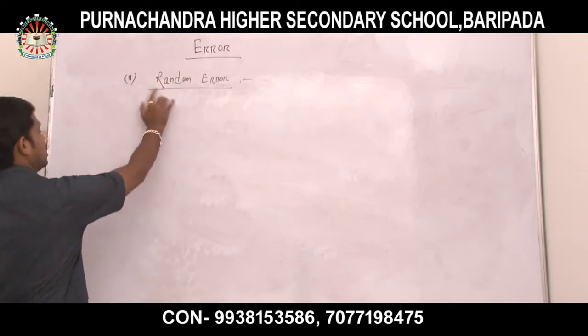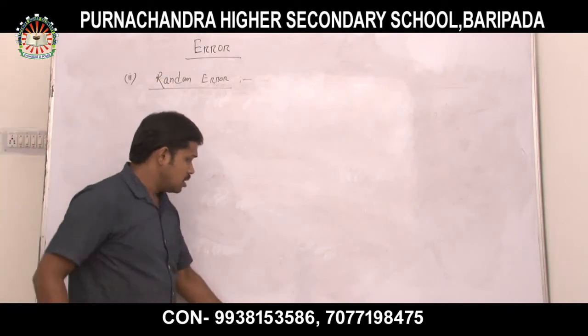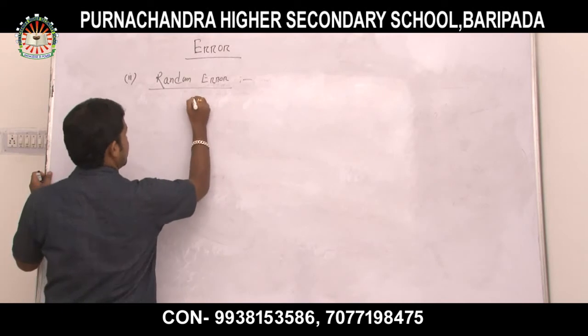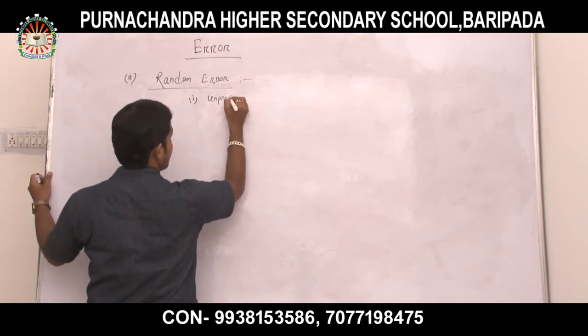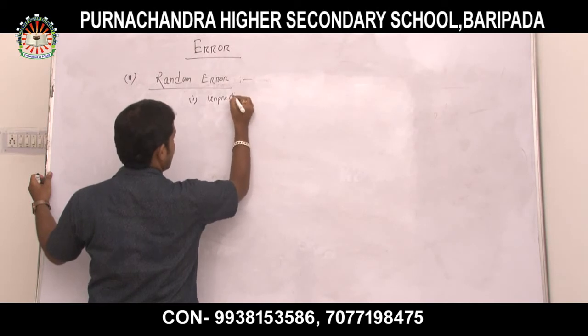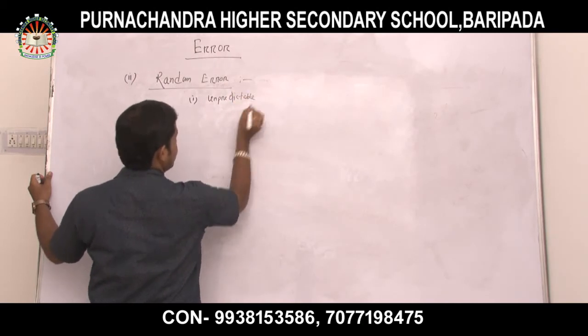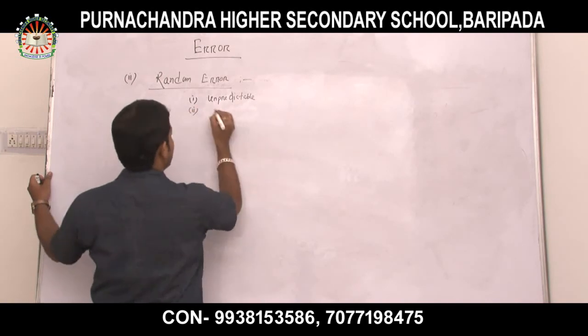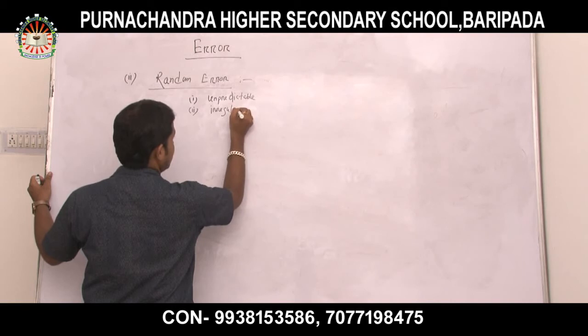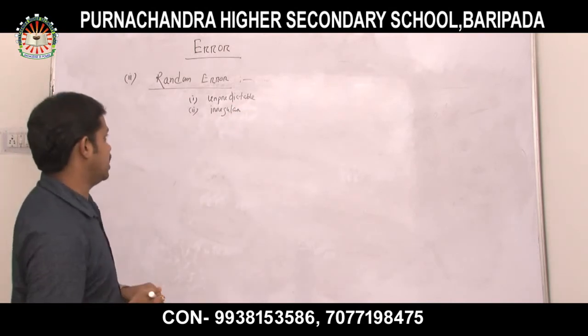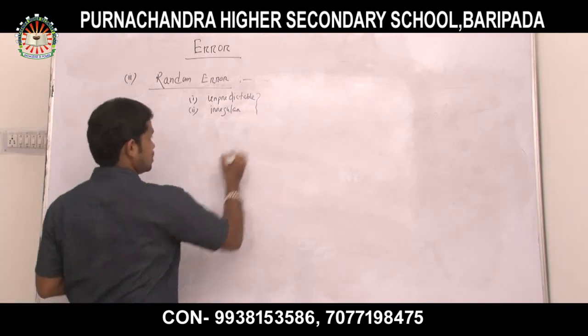Clear? Okay. So the two important points in random error are unpredictable and irregular. These are the main two things.